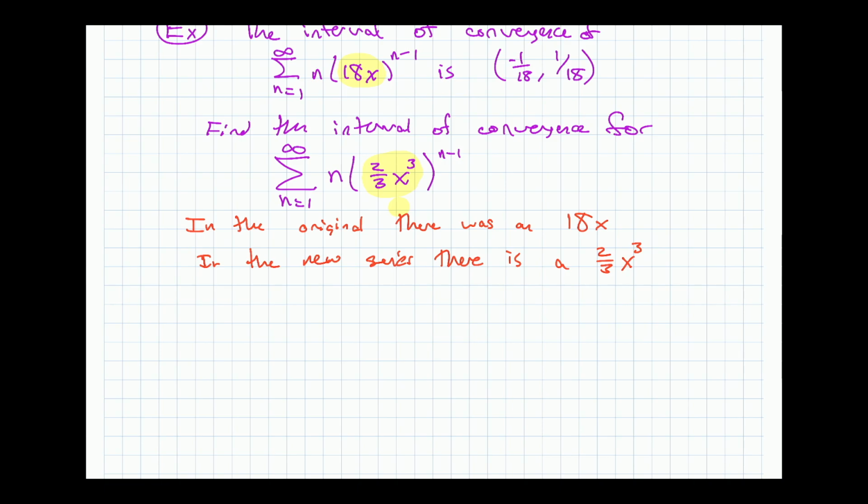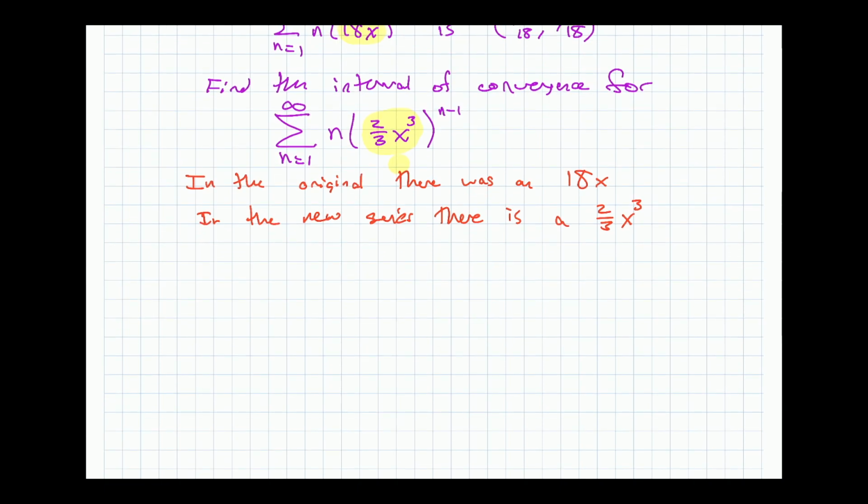So you can at least see that. But the question is, what do you replace x by to get that? And that's not so easy. What did we replace x with to make that happen?